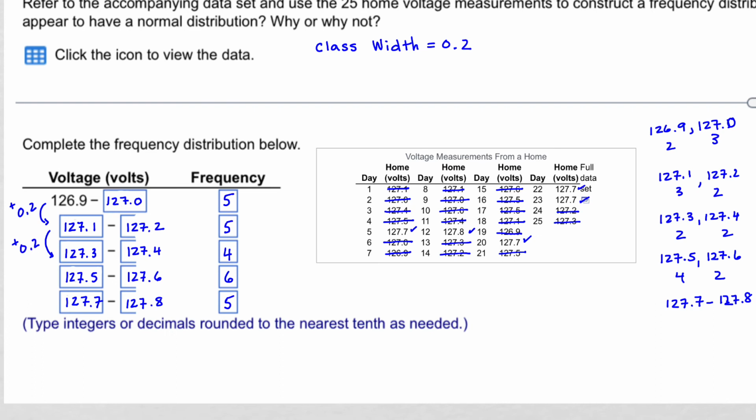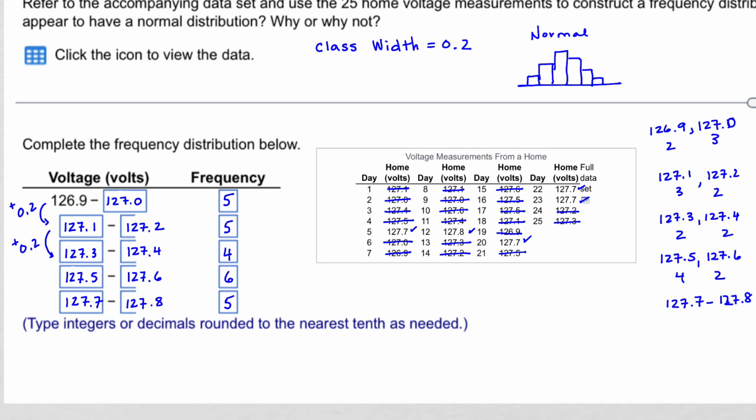And now we want to know, does this appear to have a normal distribution? Why or why not? So I would say this is not a normal distribution. A normal distribution is going to start low and increase towards the center and then decrease as you go further on.